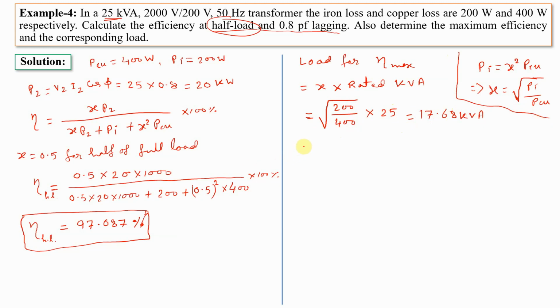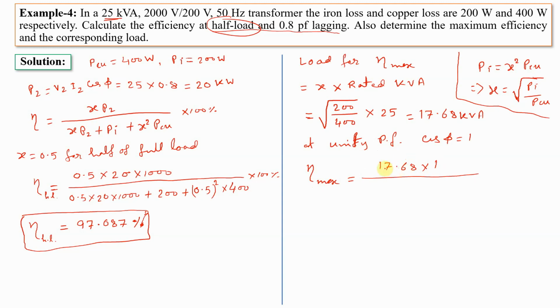Now the maximum efficiency we will calculate at unity power factor, that means cos phi equal to 1. The maximum efficiency can be written as X into P2, that means 17.68 into cos phi.